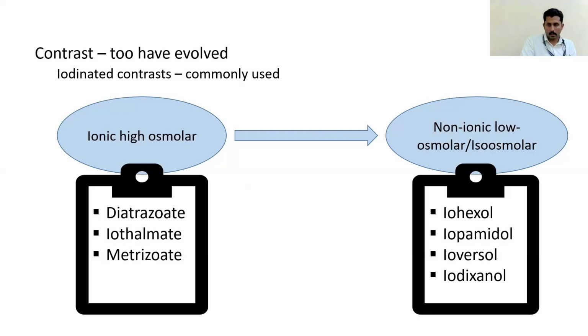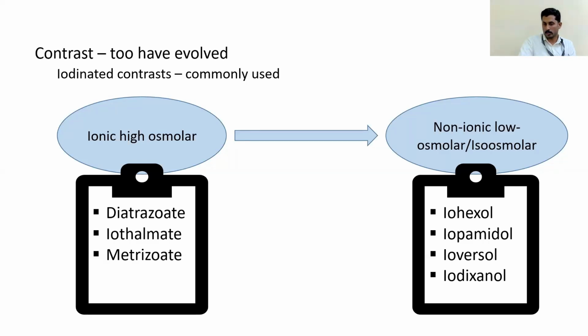So there are different contrast materials we use for DSA. Ionic and high osmolar contrast will cause nephrotoxicity, and patients will have more chance of acute kidney injury or contrast-induced injury.